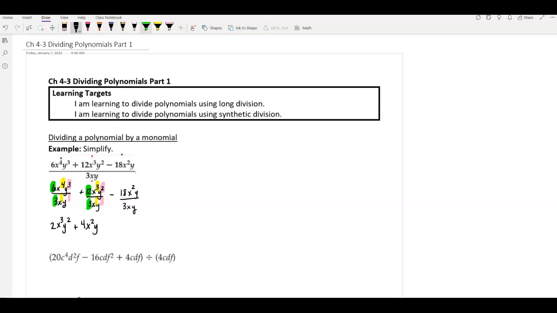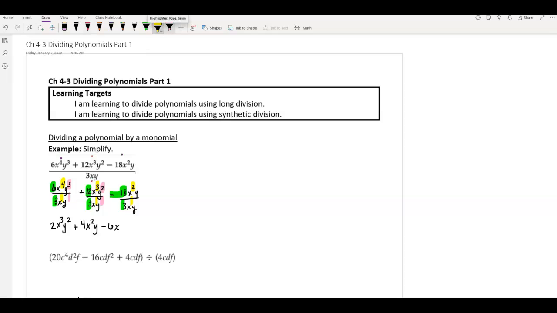Going on to our third term, I have negative 18 divided by 3, which gets us that negative 6. I have x's in both my numerator and my denominator, but the largest is in my numerator. And it's a 2 minus 1, which gives us the 1.